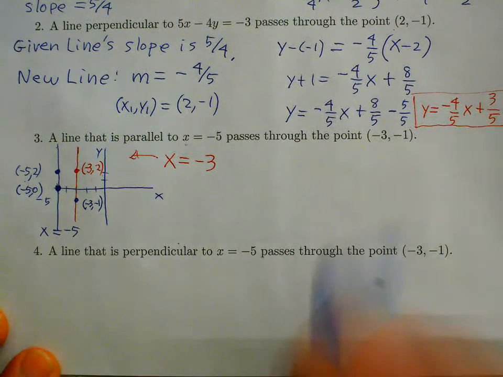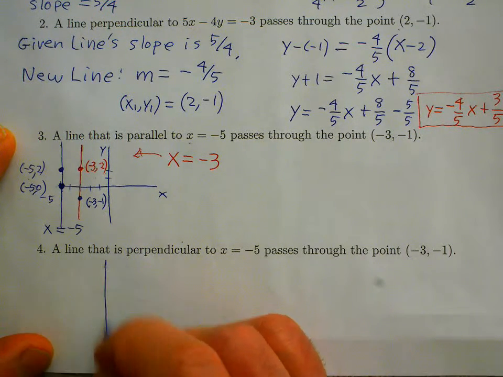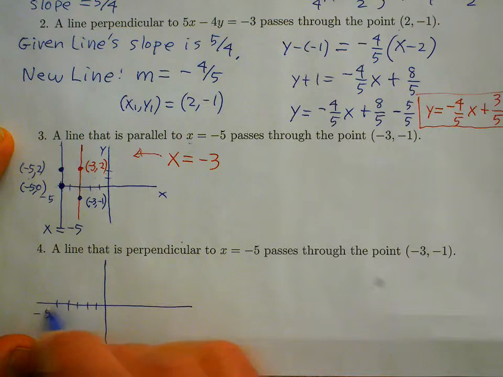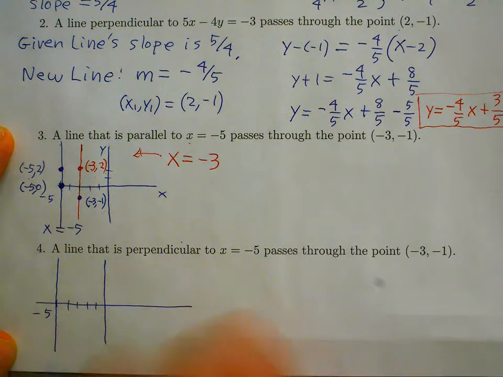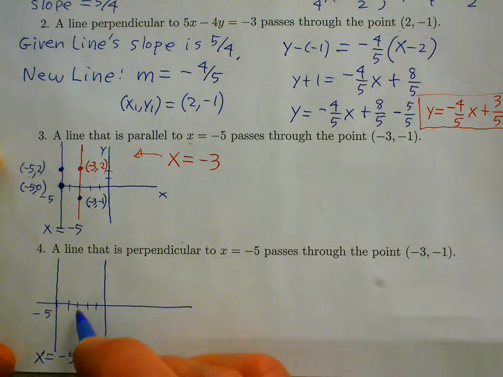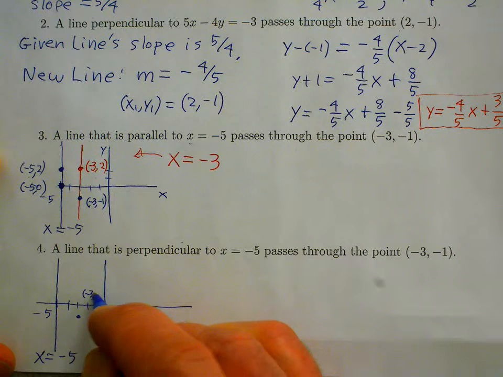Okay, so we can sketch the situation. So we're given the vertical line, x equals -5. So this is x equals -5. And then the point -3, -1 again. So -3, -1 is this point.